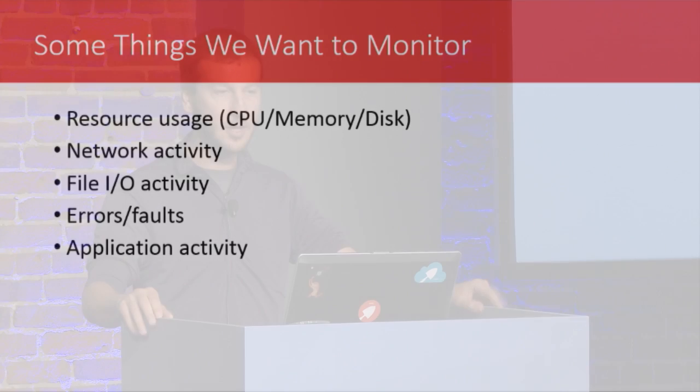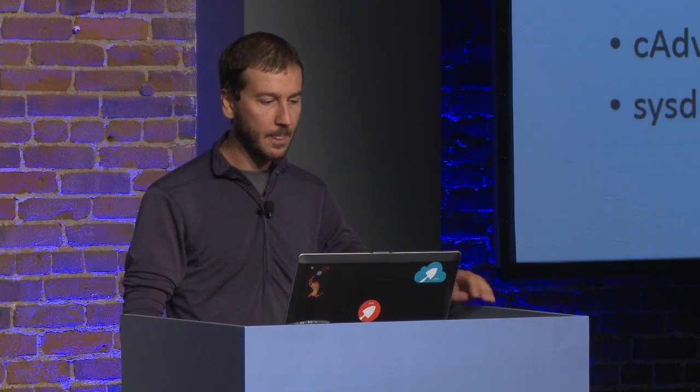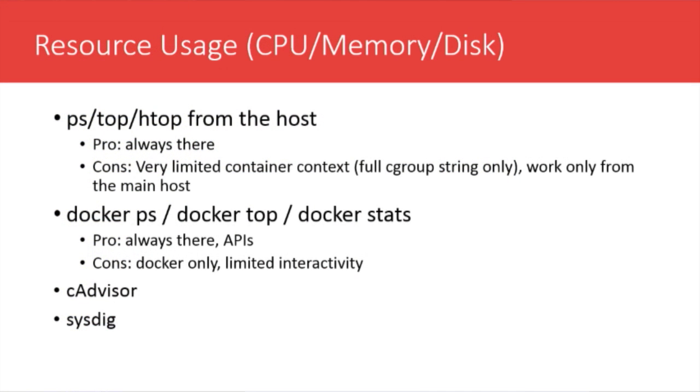So resource usage, in particular CPU, memory and disk, network activity, so everything that has to do with sending data in and out of the network, file I/O, which is another important thing to keep an eye on, errors that are happening inside or outside containers, and maybe a bit of application activity.